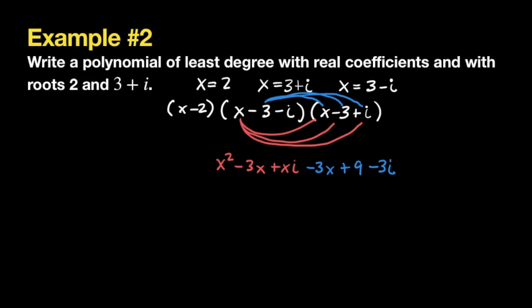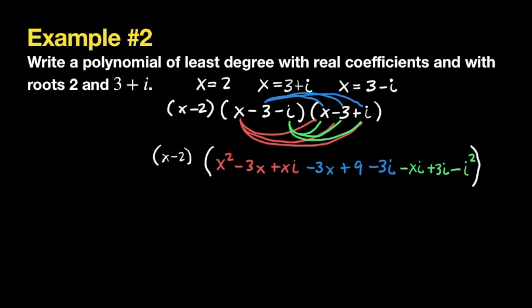And then we're going to multiply -i times the 3 of them, and that gives us -xi plus 3i minus i squared. Remember that we are still multiplying everything afterwards by x minus 2.